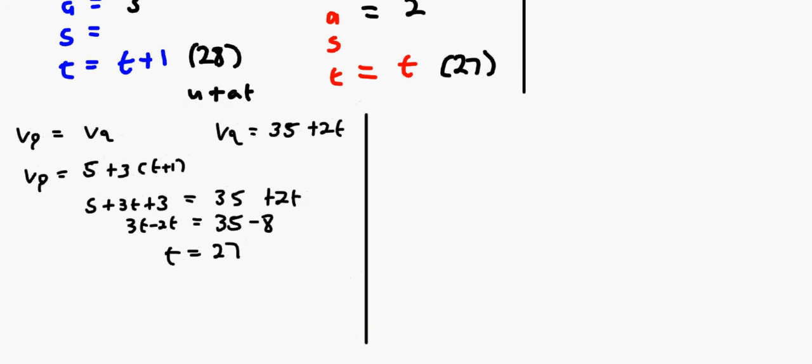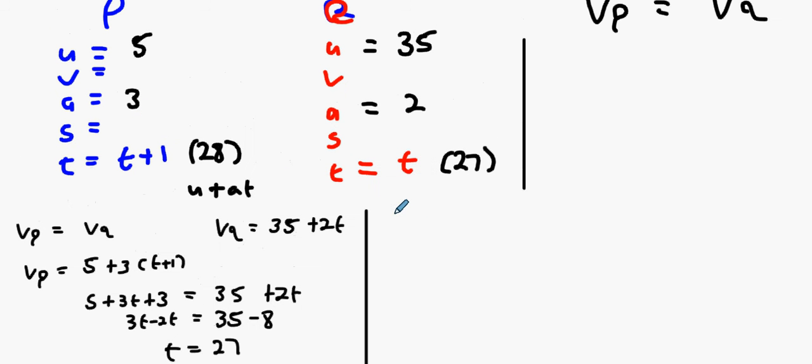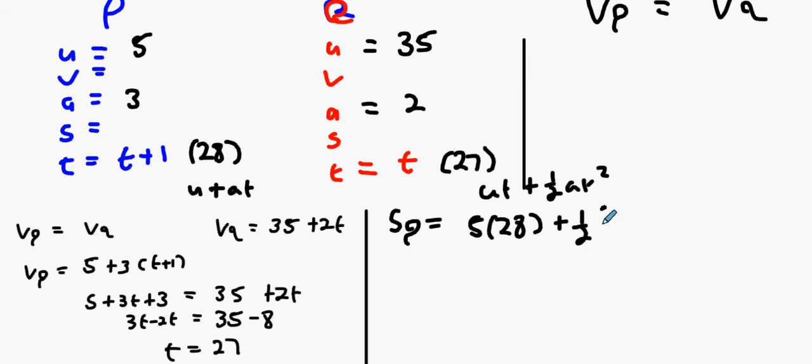So, we're going to need the distance covered by P. So, SP, this is going to be UT plus a half AT squared. So UT is going to be 5 times 28 plus a half times 3 times 28 squared. Is this going to be bigger or smaller than SQ? Can anybody tell me?